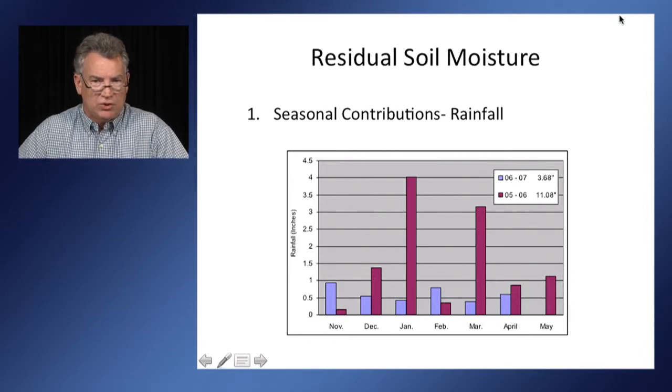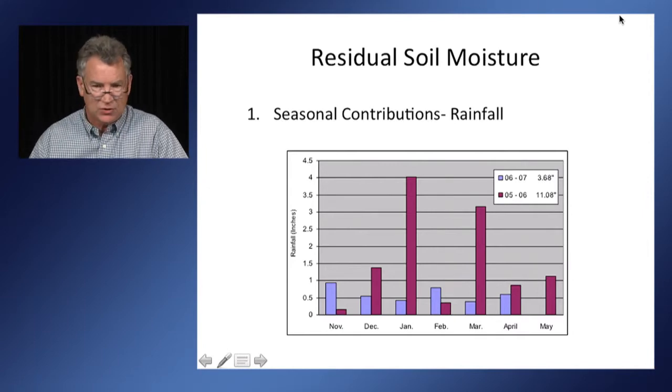If we look at residual soil moisture in soils and seasonal contributions, part of that residual moisture comes from rainfall. The rainfall, just like some of our ET that we described earlier, is fairly non-uniform from year to year. Some years, or some locations, we might have residual soil moisture peaking simply due to rainfall events.